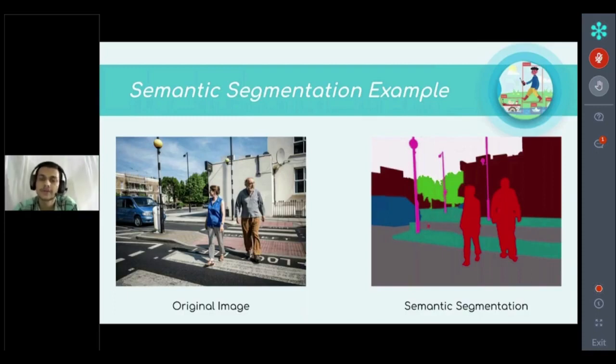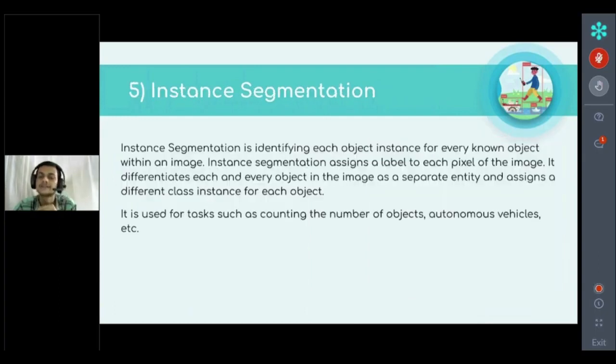So to overcome this limitation, we have another method named instance segmentation. So what does instance segmentation do? Instance segmentation labels each and every pixel of the image. What does the semantic segmentation actually do?